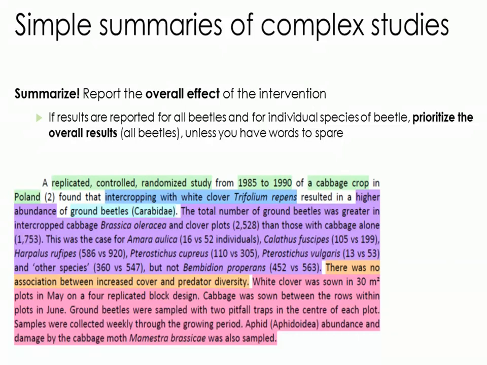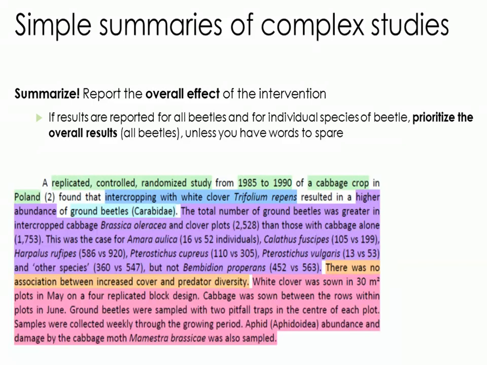If you had to just tell someone, does mowing work? You might not actually care about whether it was mowed and burnt or mowed and measured two years later or one year later. You might want to know overall, does mowing work? And so you'd probably be looking for some way of communicating the overall effect of mowing. And I think you should think about that when you're looking for the data points that you can potentially extract from that study.